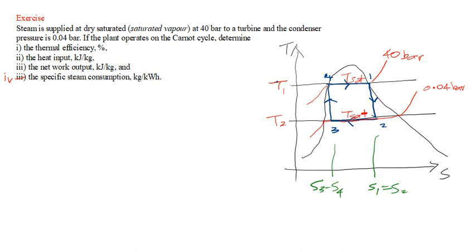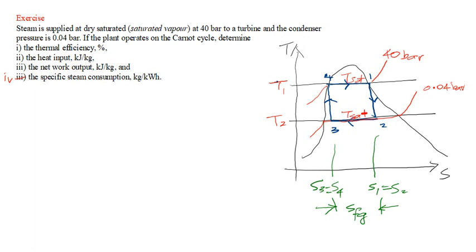So basically, what is S2 minus S4? Basically, S2 minus S4 is Sfg, at the pressure of 40 bar. Okay, S1 minus S4 is equal to Sfg. So this is what we can put on the TS diagram.